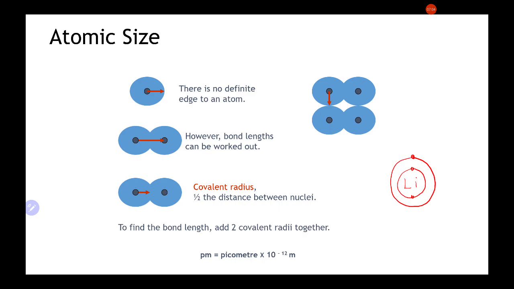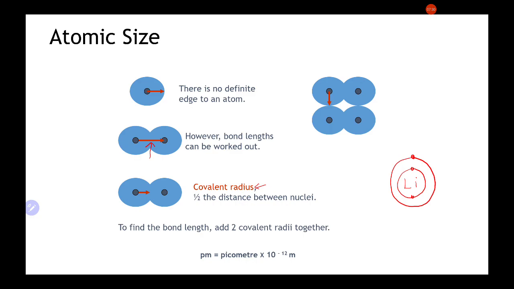So what you need to be able to do is work out bond length, from one atom to another, which is this red arrow here. How we can do that is work out half of the distance of your bond length to get your covalent radius. This might come up as a problem solving question.